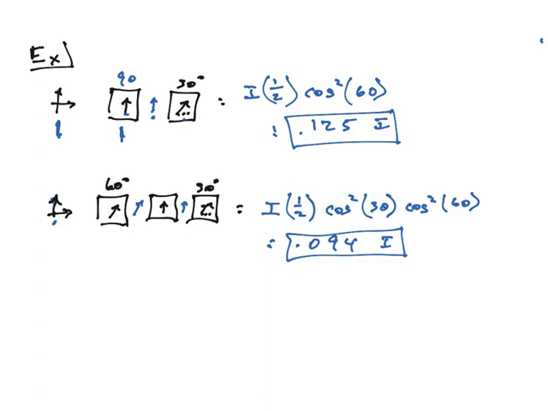Lastly, a shortcut move that can be made is if you find that going through these filters at any point, if you're going from one point to the very next filter, and they're perpendicular to each other, then no matter what else happens in the problem, it's always 0.